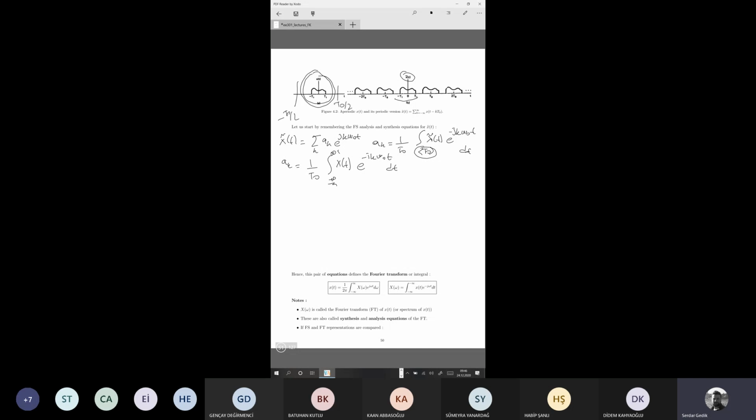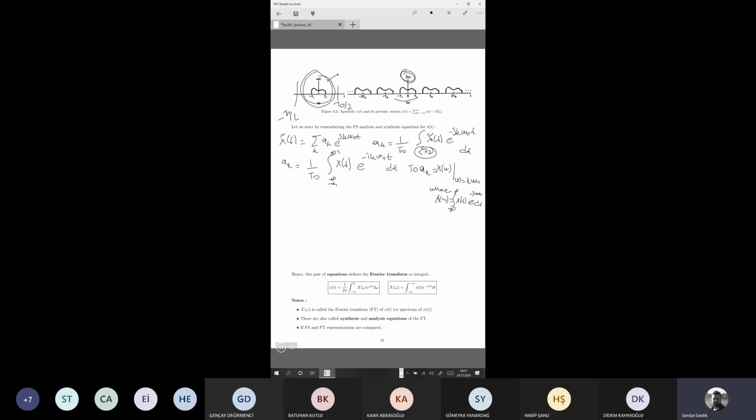Since I will integrate the periodic signal over a period, this turns out that I will integrate the aperiodic version from minus infinity to plus infinity. So in other words, T0 times a_k is nothing but X of omega evaluated at omega equals k omega 0, where X of omega is simply defined as the integral from minus infinity to plus infinity of x of t e to the power minus j omega t dt.